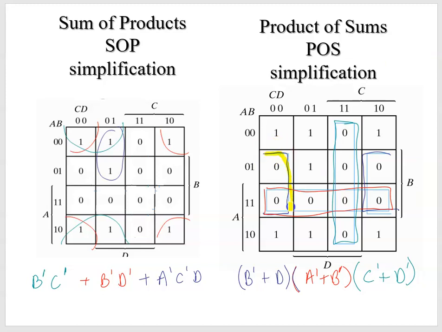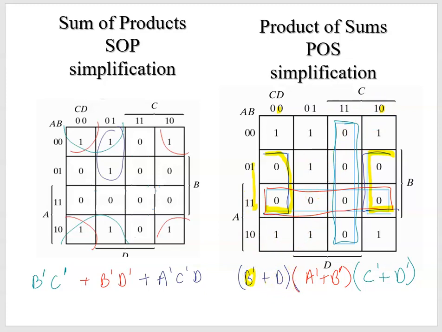So in these zeros here, what we have is B state as a 1, and we have D state as a 0. So we're going to do B prime because its state is a 1, and we're going to use D because its state is a 0.